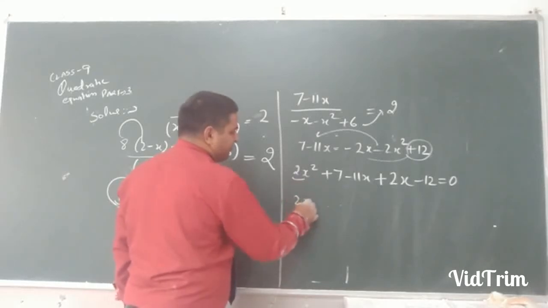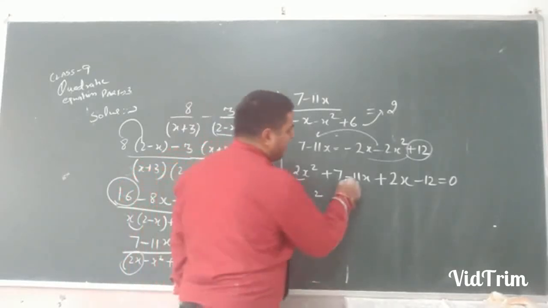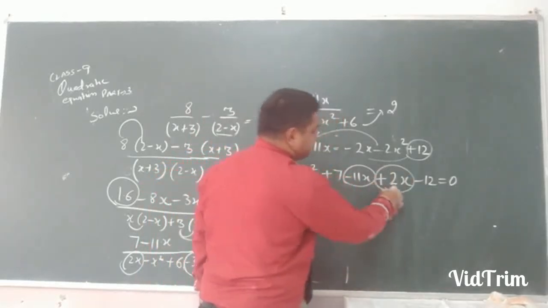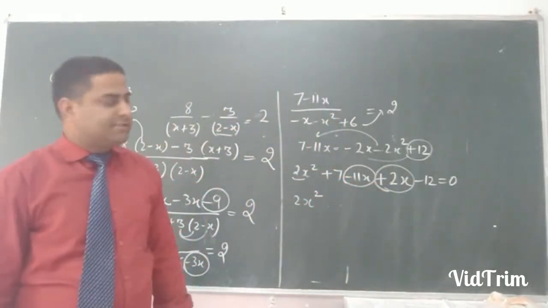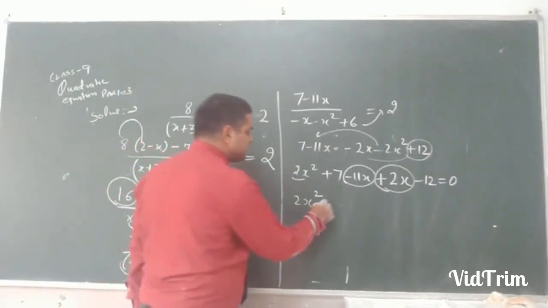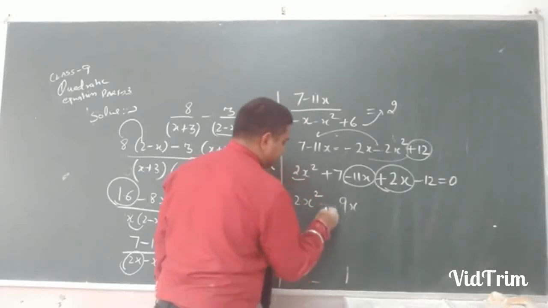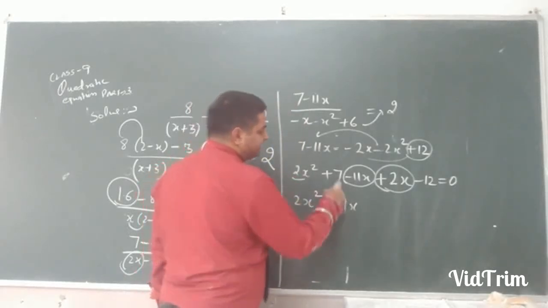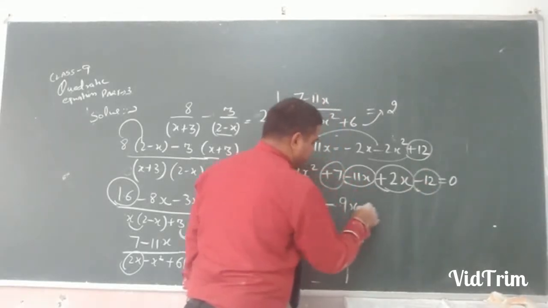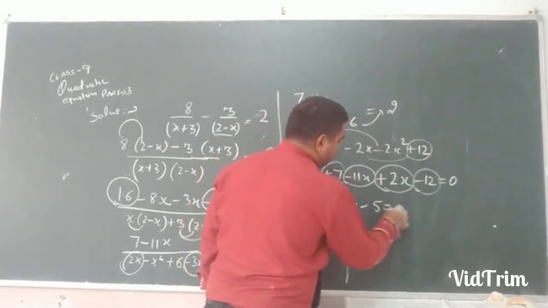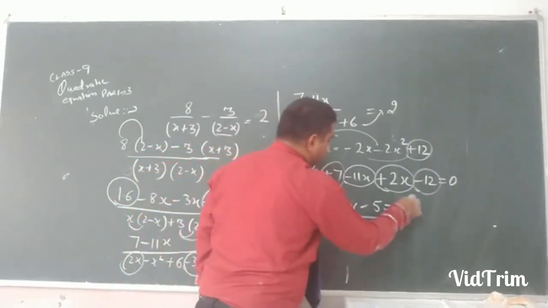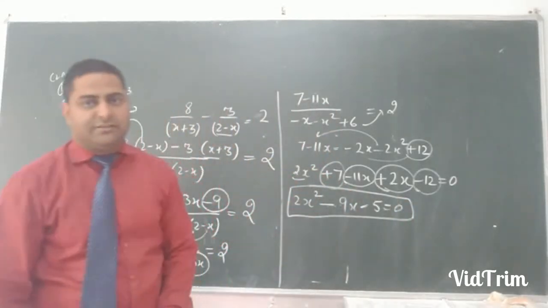So we get 2x square minus 11x plus 2x, that is minus 9x, and 7 minus 12 is minus 5 equals to 0. So this is the required quadratic equation.